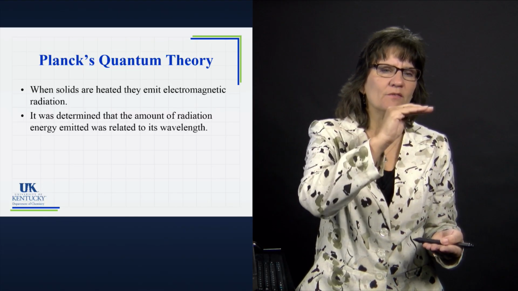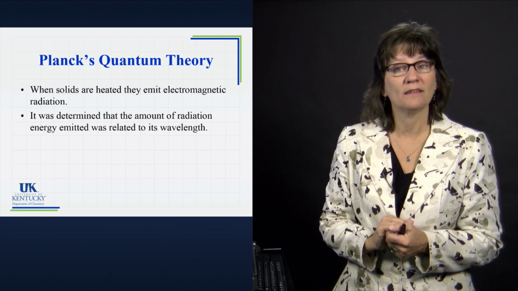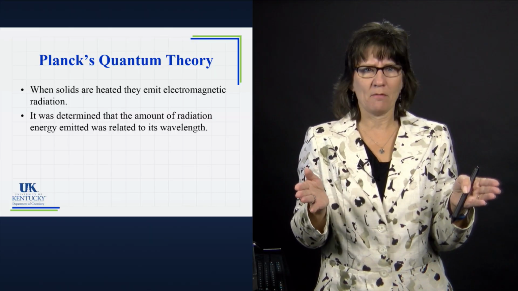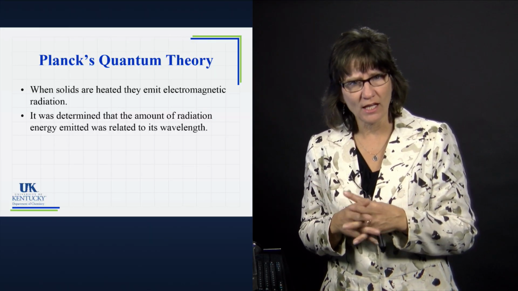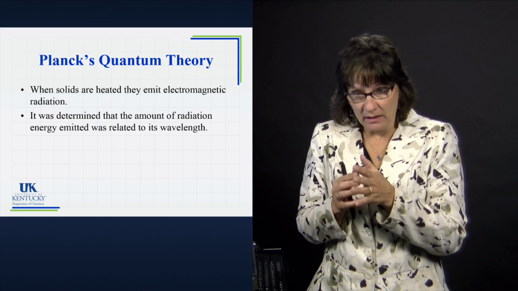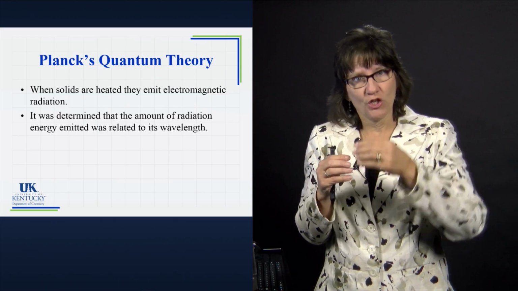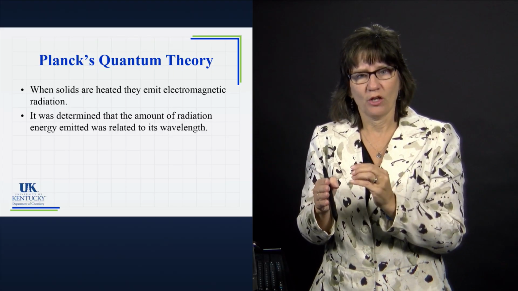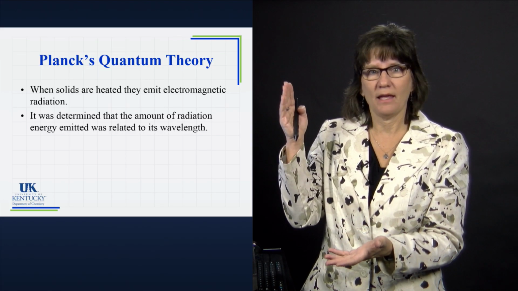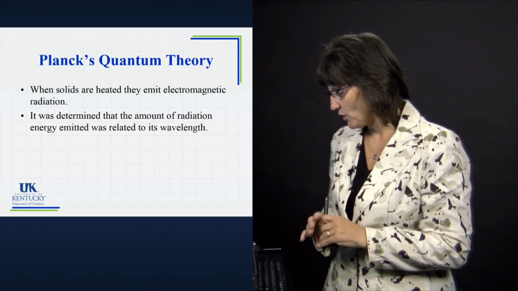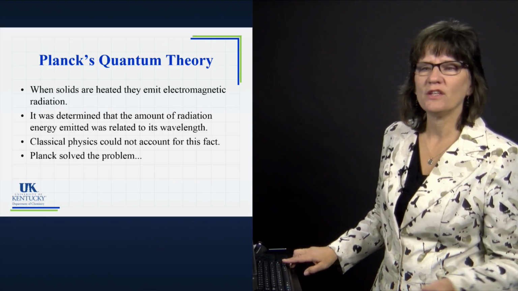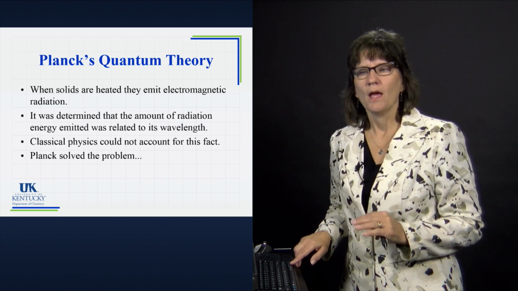There were certain amounts of energy emitted at this wavelength, and certain amounts emitted at this wavelength, and he couldn't get them to always emit the same amount of energy. That seemed kind of strange, because in the big world, you can have a little energy, you can have a lot of energy. What the wavelength is doesn't matter. It's just going to be a little to a lot, and any continuum in between. So this was a very unique idea. It left the world of classical physics, as I talked about before.